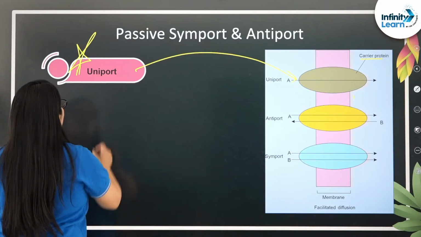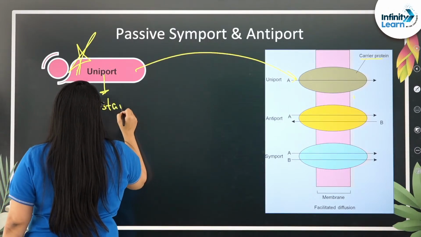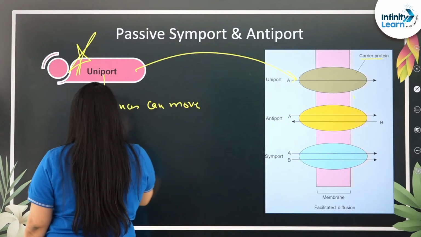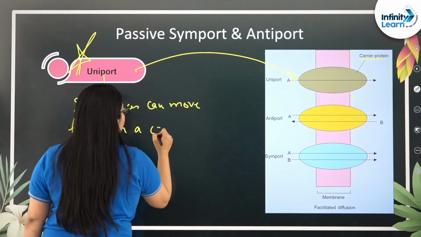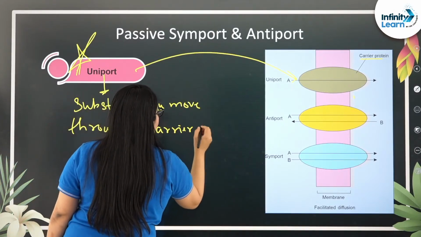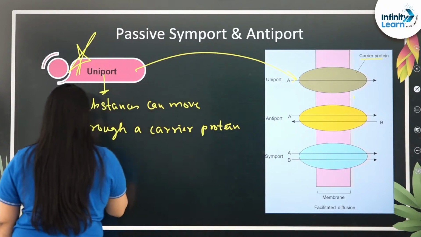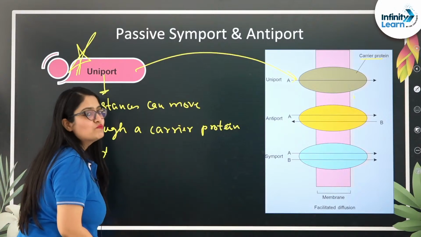So in uniport, what will happen? Substances can move through a carrier protein independently. There is no dependence on any other substance movement.